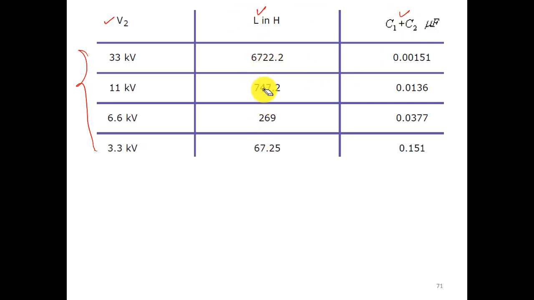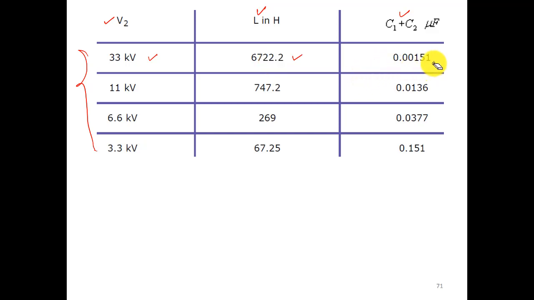What we observe is that for higher values of V2, the value of L is very high, here 6722.2 Henry. It is a very huge value, and if we manufacture an inductor for this, it will be very huge and very costly as well.